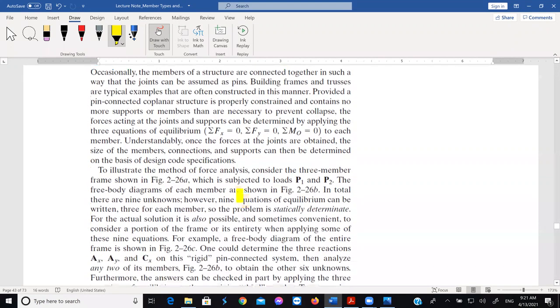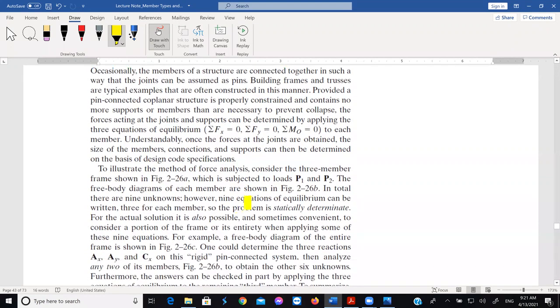To do that, as we have discussed earlier, for a coplanar structure we have three equations of equilibrium. For equilibrium, these three equations must be satisfied, and by applying these equations, we can determine the reaction forces of this structure.